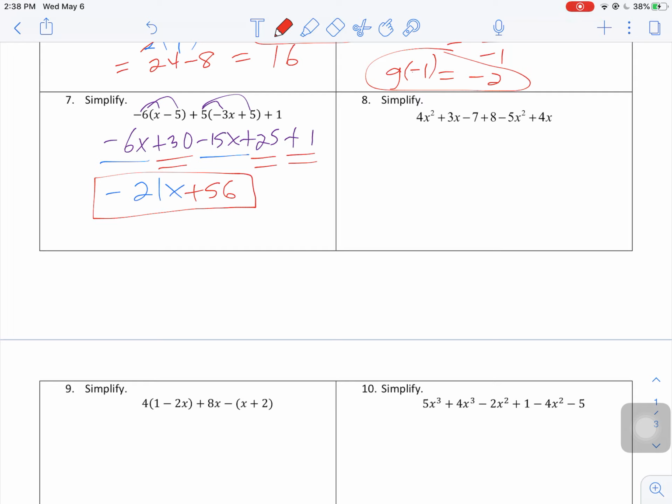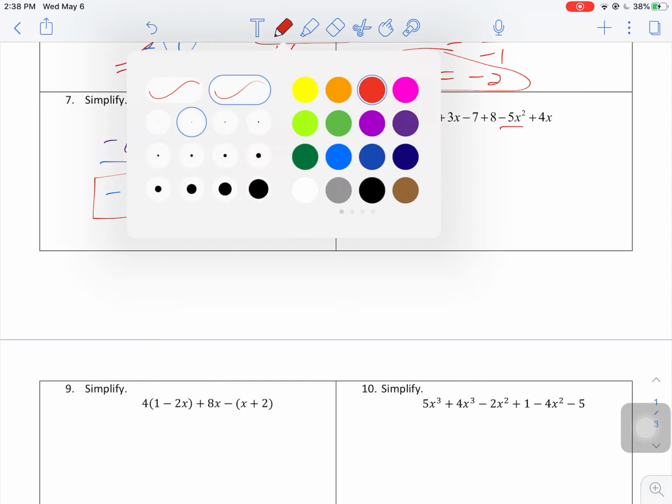Number 8, simplify. So we're looking to combine like terms. Keep in mind that like terms are the same variable raised to the same exponent. So 4x squared and negative 5x squared match because they're both x squared terms. So we want to add the coefficients. Coefficients are the numbers in front of the variables. So 4 plus negative 5 is negative 1x squared.